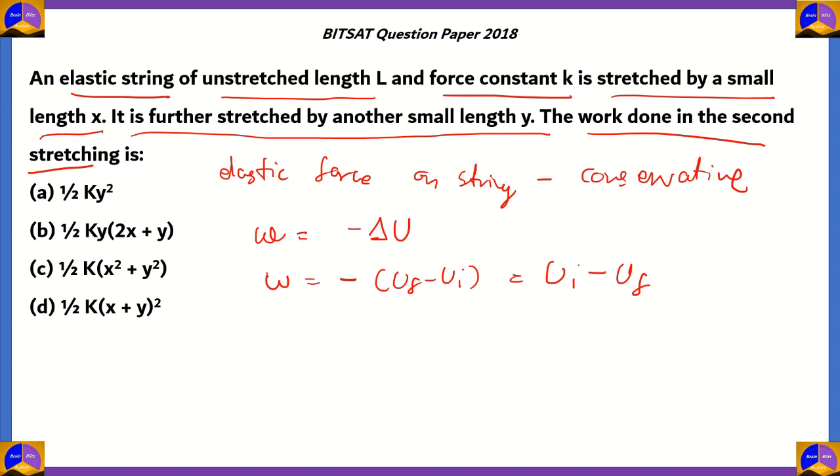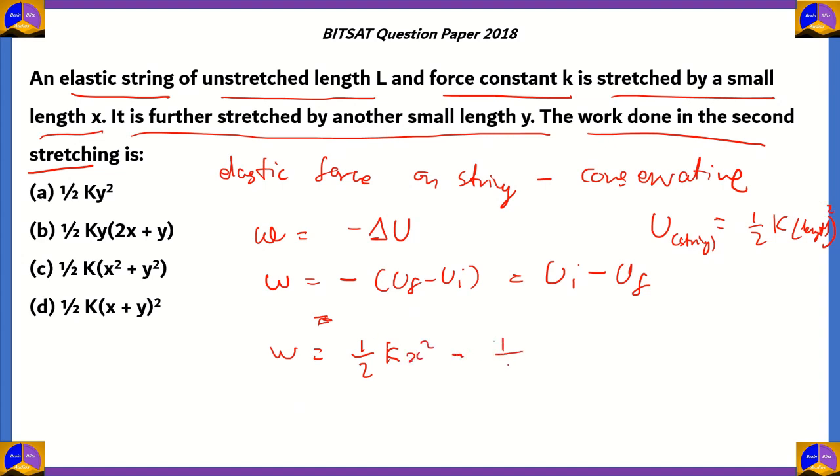Now, potential energy in a string is represented as half times K, that is the spring constant, times the length stretched squared. So in the first case, the string is stretched by a small length X. So the potential energy here is equal to half K times the length squared, which in this case is X squared.